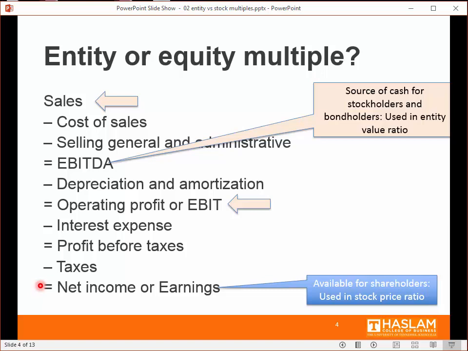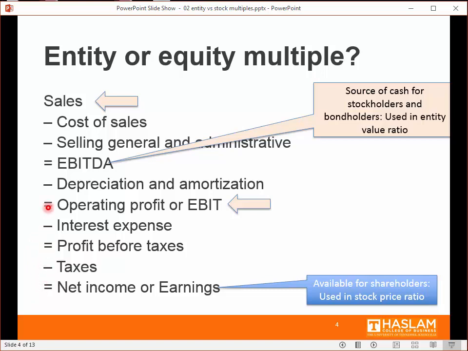On the other hand, if you move up a little bit, for example, under operating profit or EBIT, notice what happens with this value here. This operating profit or EBIT is used to pay interest expense, so it's used to pay bondholders, and that leaves us profit before taxes and taxes, and then it leaves us residual earnings.